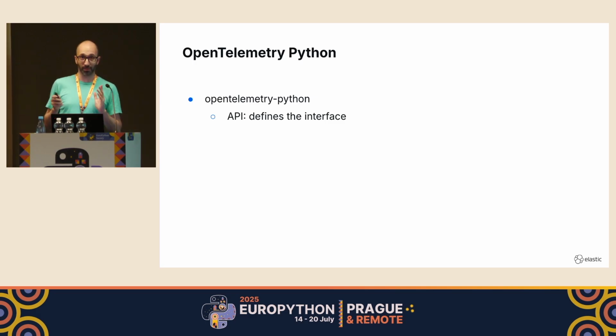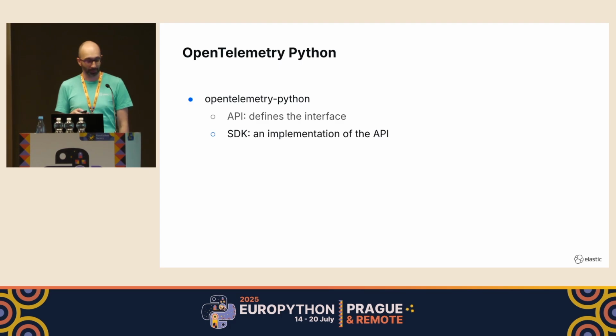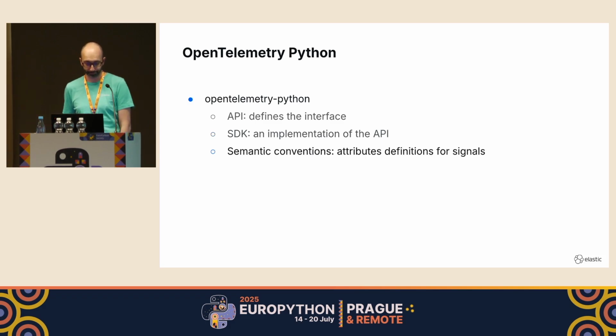The most interesting things are the OpenTelemetry API package, where we have what we call the OpenTelemetry API, which defines only an interface that is exposed to users and is not tied to a specific implementation, because by default, our default implementation of the OpenTelemetry API is called OpenTelemetry SDK. And it's just an implementation of the API.